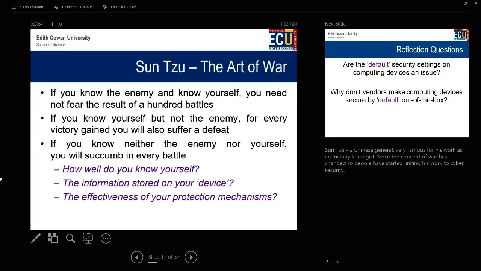The first is, if you know your enemy and know yourself, you need not fear the result of 100 battles. If you know yourself but not the enemy, for every victory gained, you will also suffer a defeat. And if you know neither the enemy nor yourself, you will be defeated in every battle.